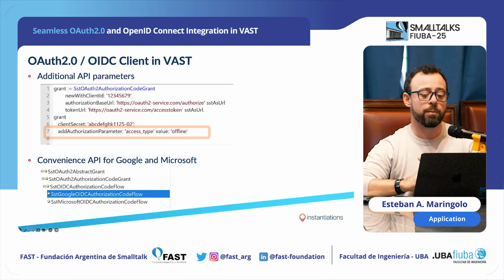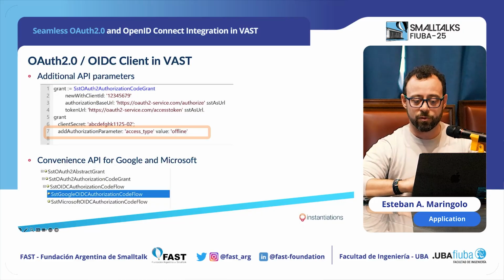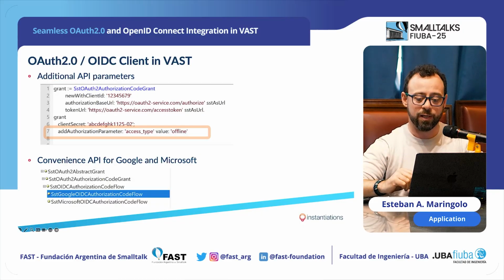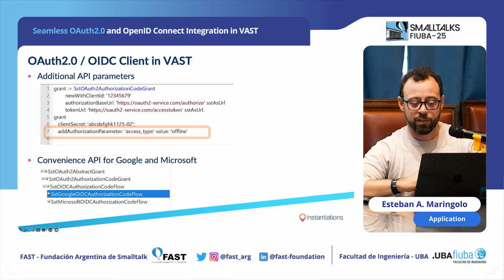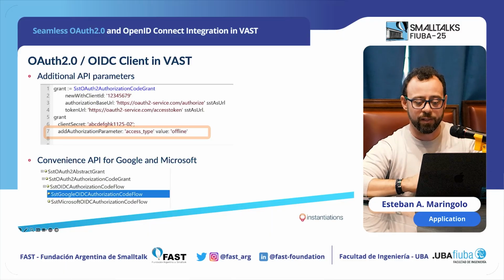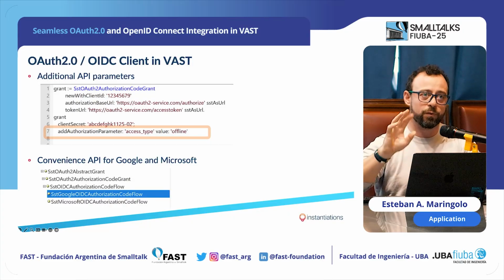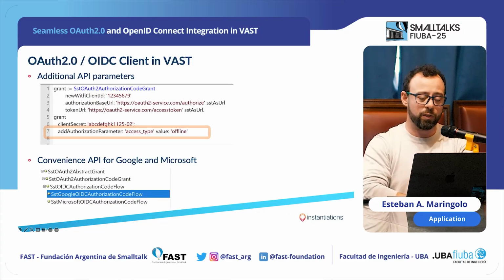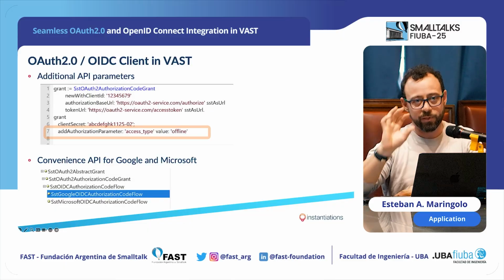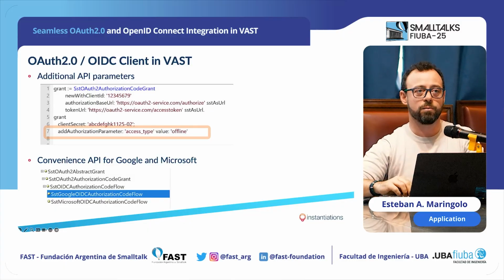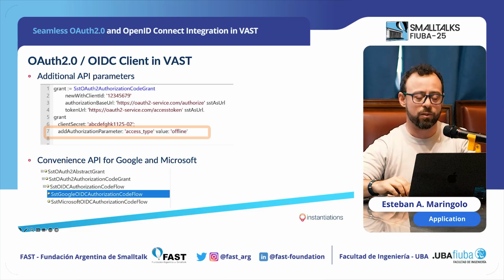It supports all the major OAuth2 and OpenID Connect features, works seamlessly with the existing SST HTTP client, which, if you use VAST, you're already familiar with, and includes some convenience methods, in particular for Microsoft and Google, that have some particularities, because specs always say something, but there's always something that doesn't follow 100% the spec, and we have that covered already.